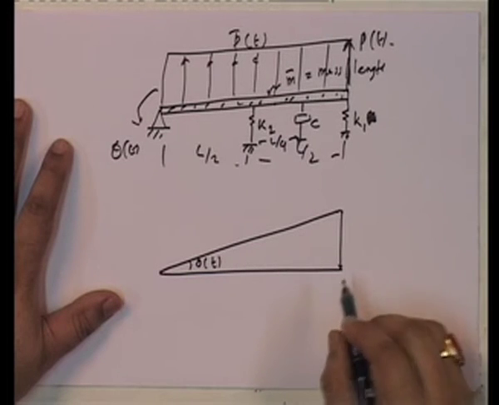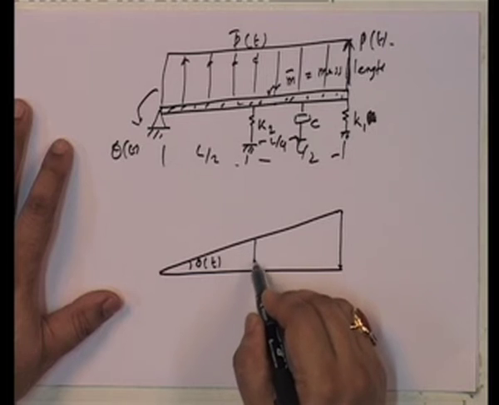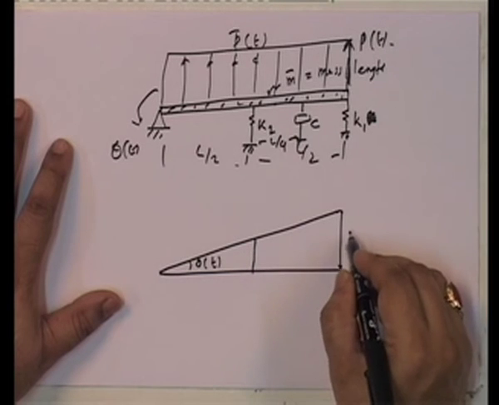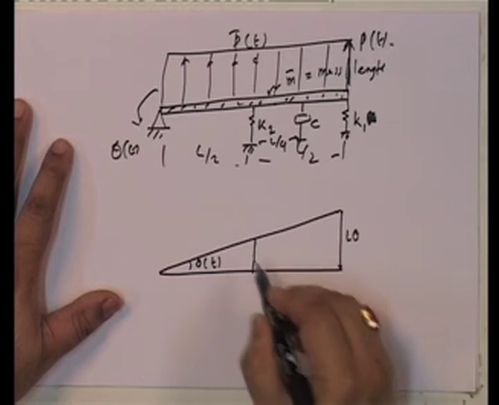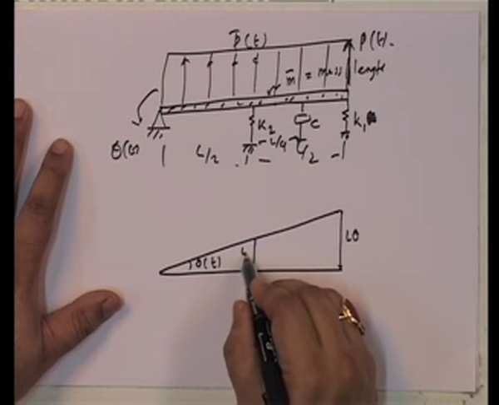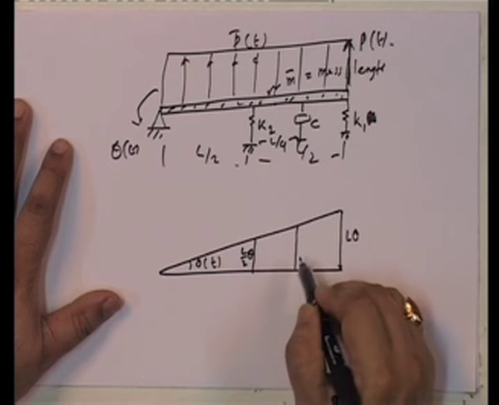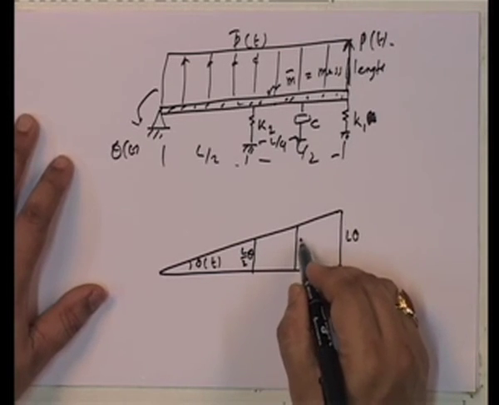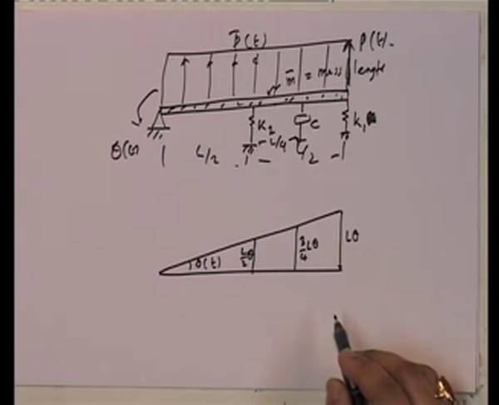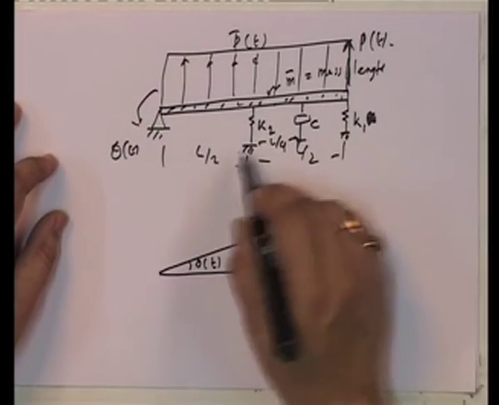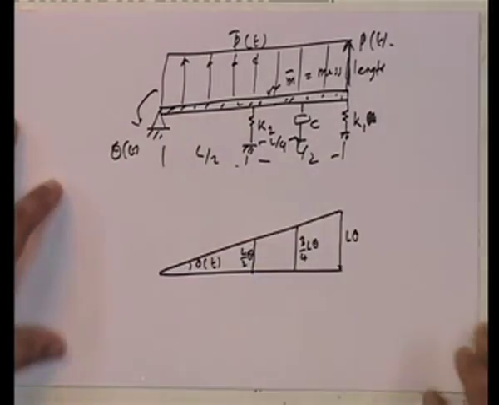And so, I need to find out all these values of where they are. At this point, this is going to be equal to L theta. This is going to be equal to L by 2 theta. This point where the dashpot is going to be equal to 3/4 L theta, and I think that is all. These are the only three point values, everything else is UDL.